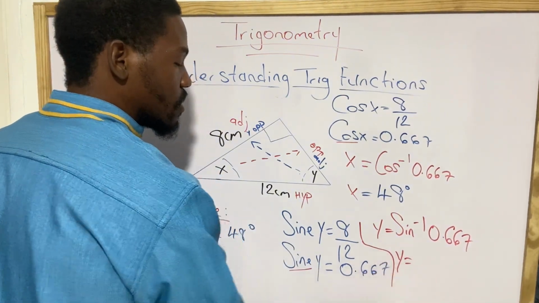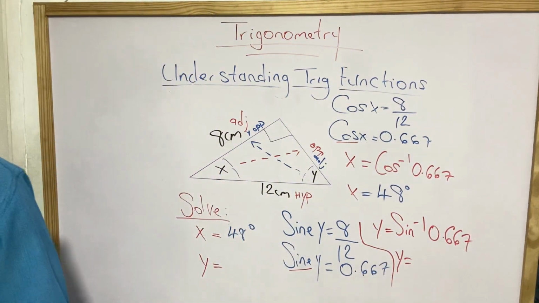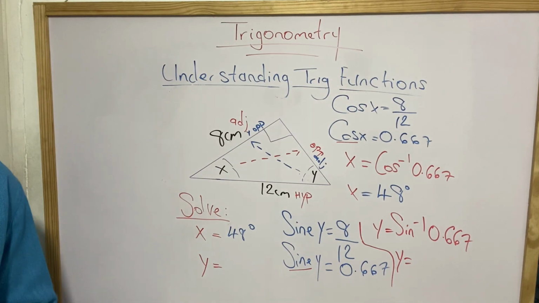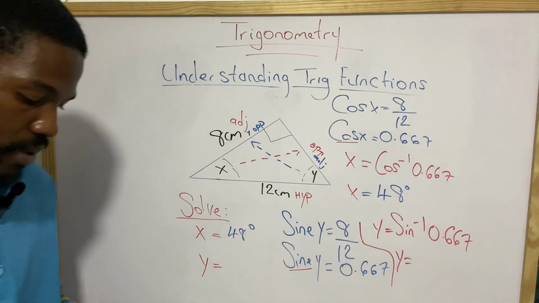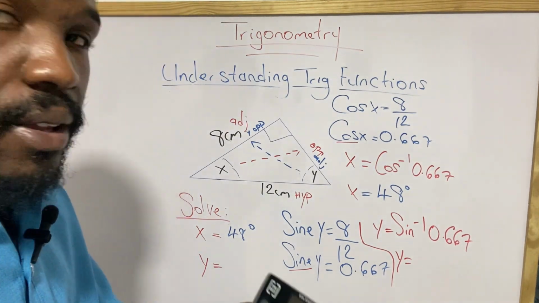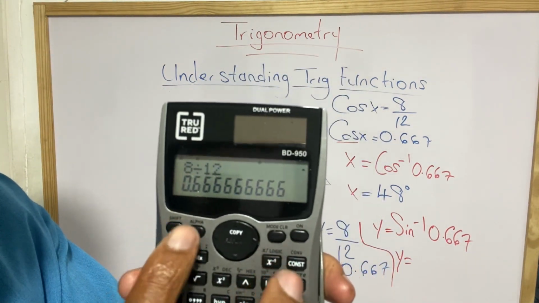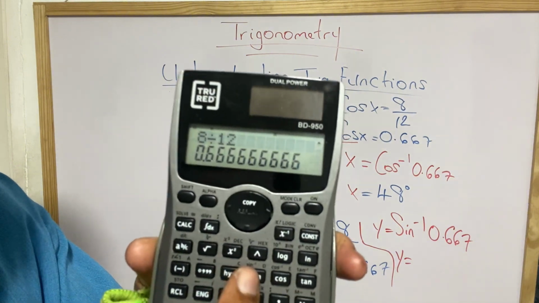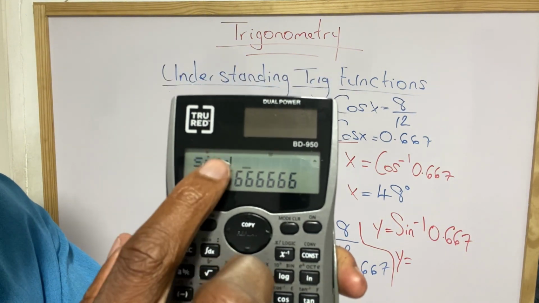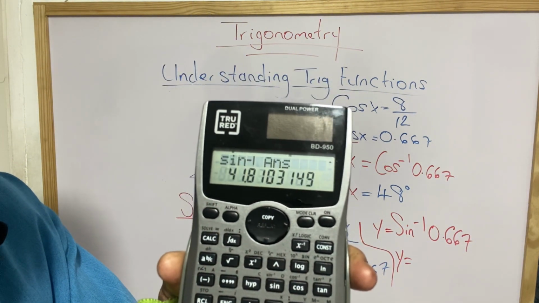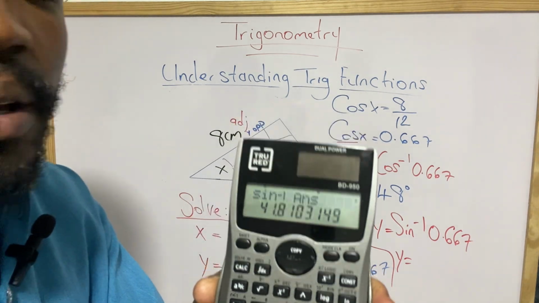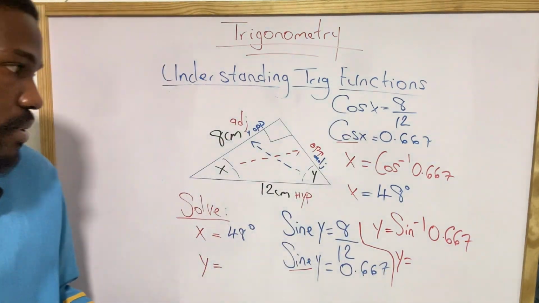Therefore y equals, so we're going to put 8 divided by 12 again. So we have 8 divided by 12 for a second function, and then press the sine button, which should give me the sine inverse, and that should give me theta, which is 41, basically 42 degrees.